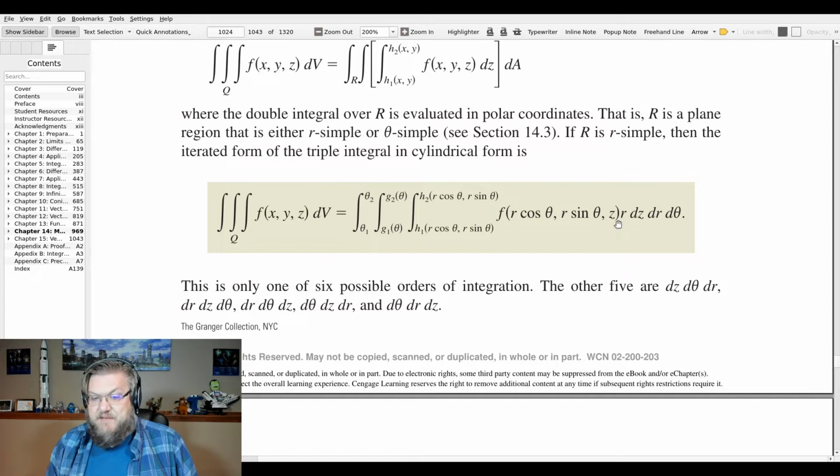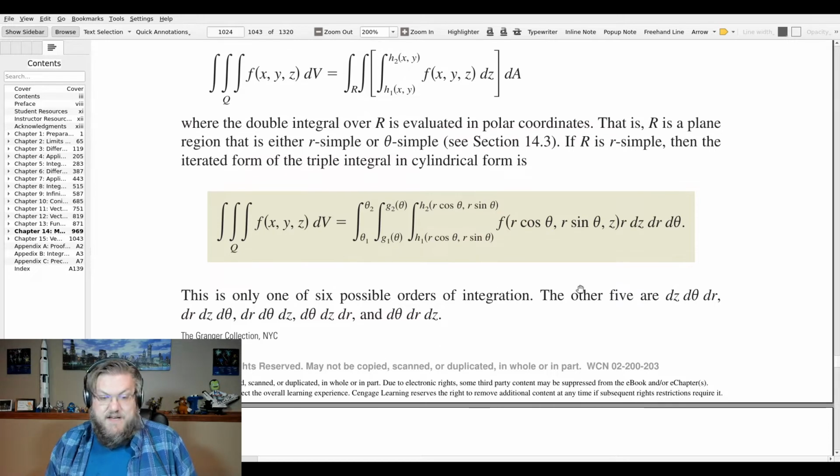So now dV can be unpacked as r dz dr d theta, right? So dV has another option, if you will, right? And the same rules apply here. The first limits can be in terms of two variables, the r and the theta. These can be in terms of one, which is just theta. And then these are just going to be numbers, right? And so let's go ahead and do our first example.